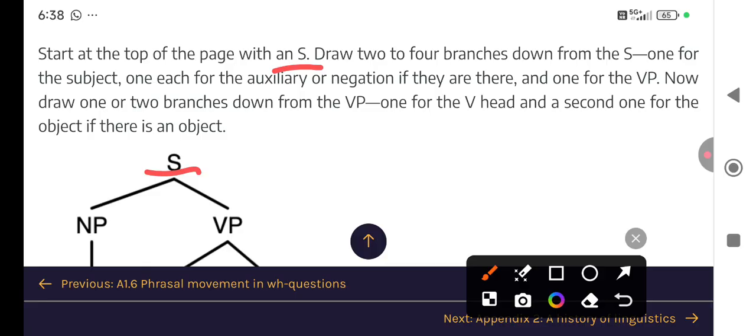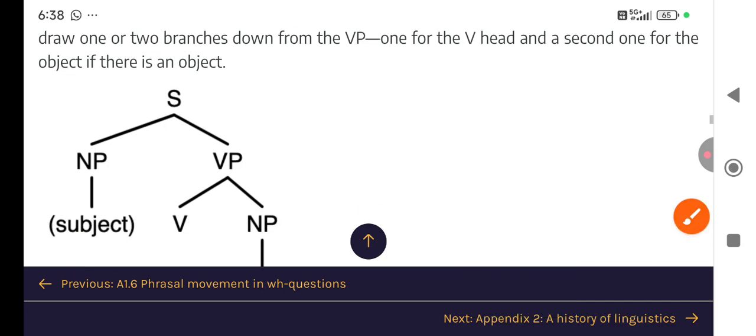Now draw one or two branches down from the VP, one for the V head, where V is verb, and a second one for the object if there is an object. How? We'll see.